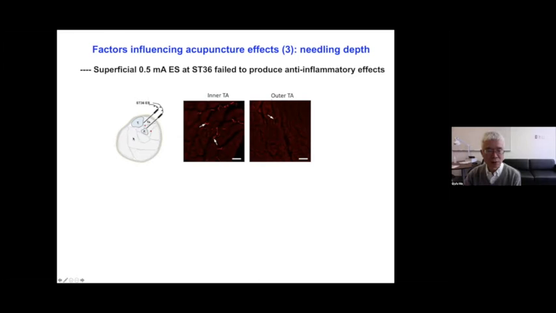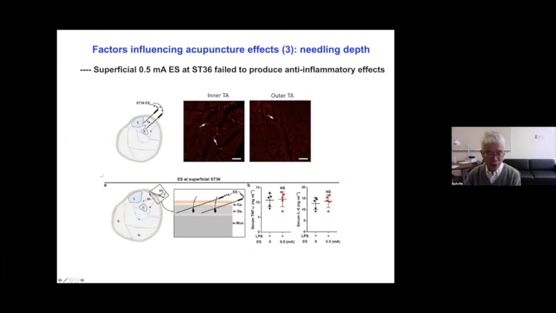So this is a functionally distinct compartment. And the O1 neuron densely innervates the deep compartment, but not the superficial compartment. So if you put a needle right underneath the skin, instead of 3 millimeters deep into the anterior tibialis muscle, you cannot produce an anti-inflammatory effect.